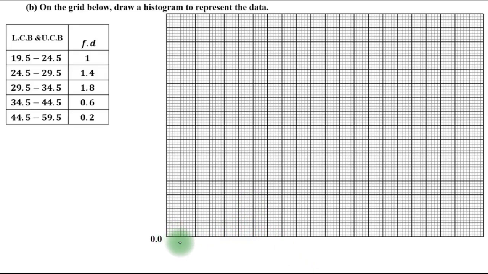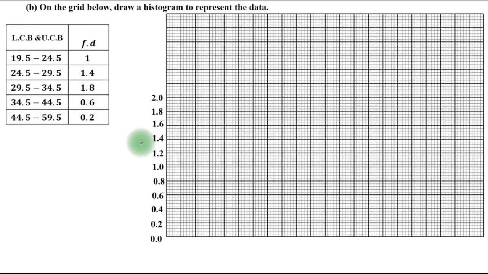So 0.0, 0.2, 0.4, 0.6, 0.8, 1.0, then 1.2, 1.4, 1.6, 1.8, and at least 2.0. Choose a scale that will accommodate all the values, not too small or too large.